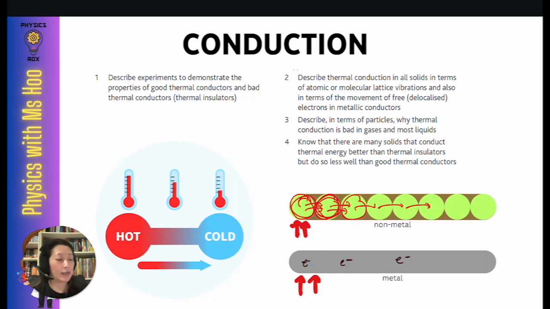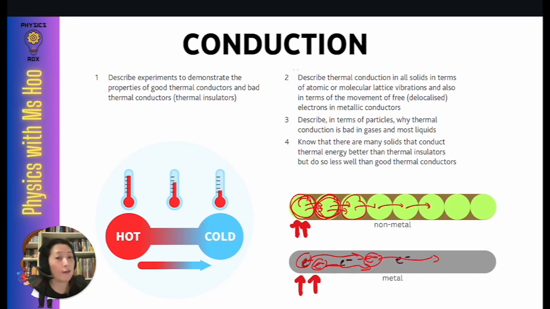And because the electrons are able to move a lot more freely, as electrons gain heat, they will move easily throughout the entire metal very quickly. So the electrons help to transfer heat energy, because as electrons move, they will collide with other electrons or even other atoms and transfer the heat energy to those particles that they collide with. So that's why metals are such good thermal conductors.